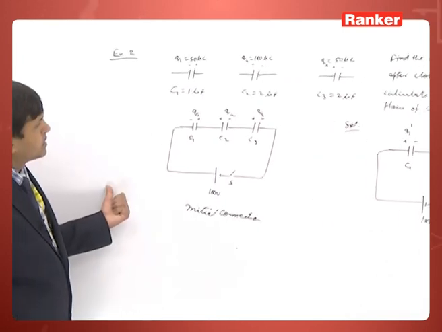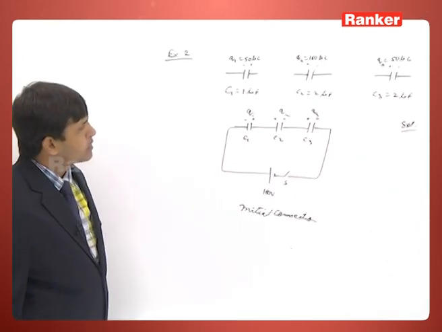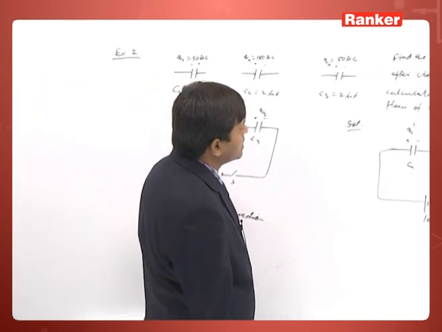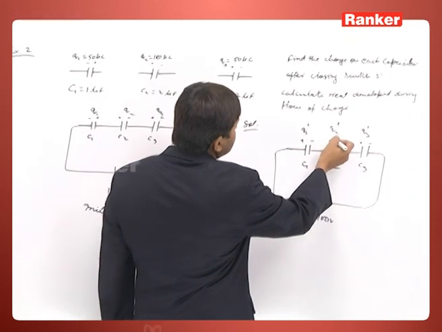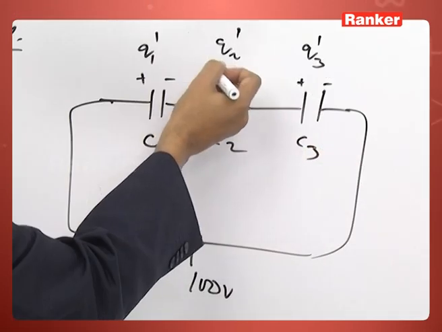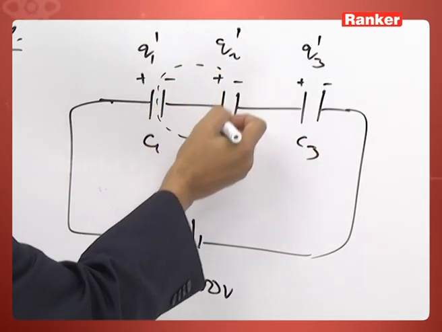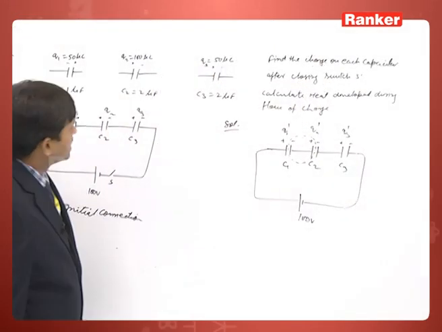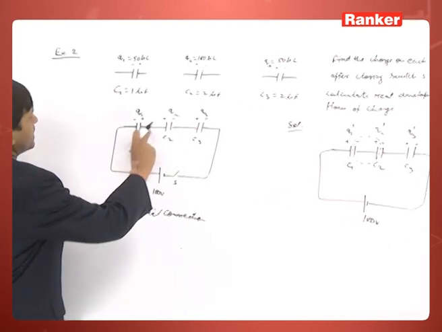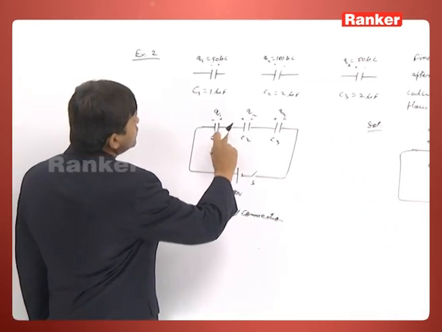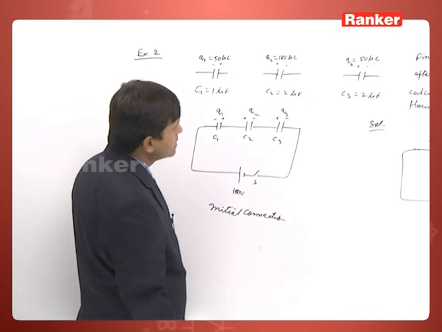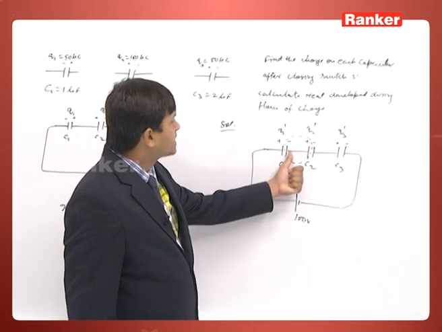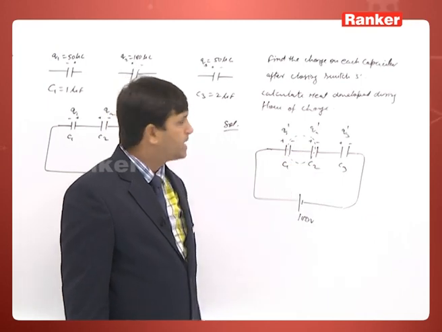Okay. So now, how to solve this problem? See, first we can see by using Kirchhoff's first law. See here, if I am considering these two plates which are connected together, whatever charge redistributes will redistribute only between these two plates.